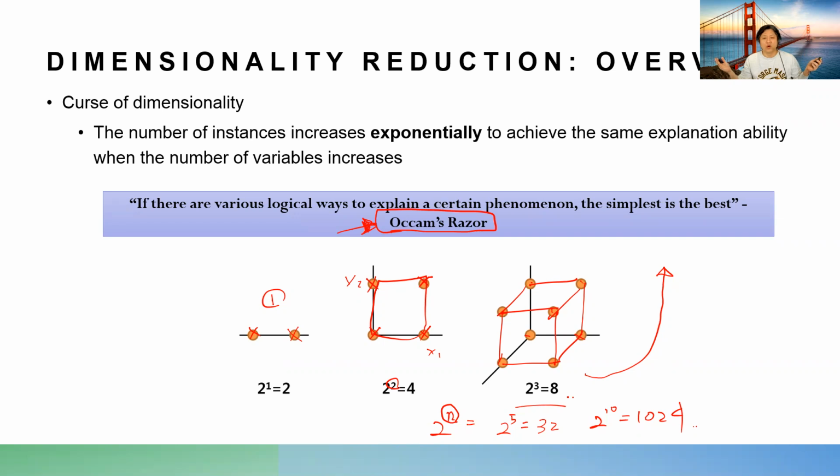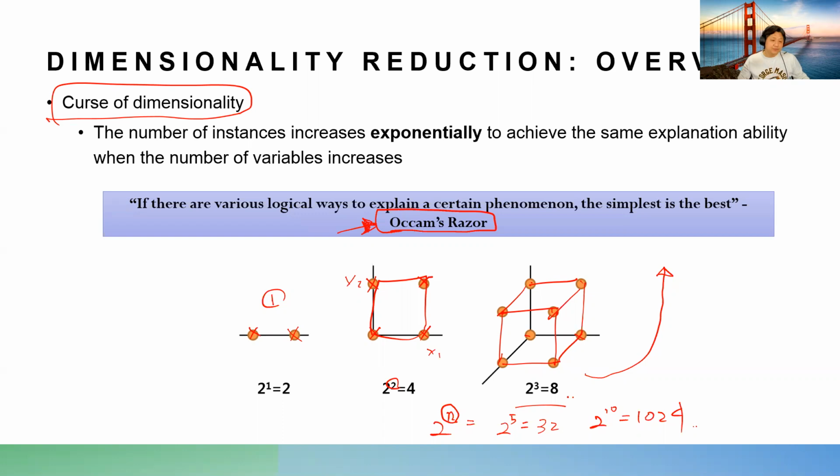Should we use all 20 variables? What if we can use only two components to explain the 20 variables? That'd be a better approach, right? According to the rule of parsimony. So this is called the curse of dimensionality.